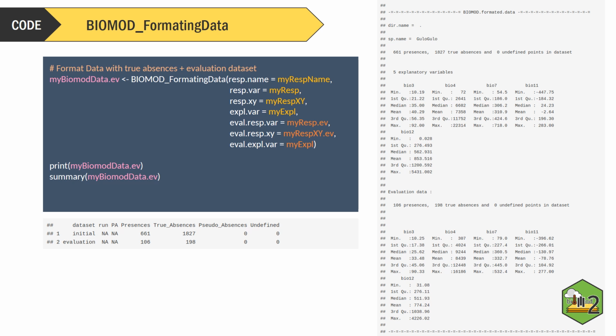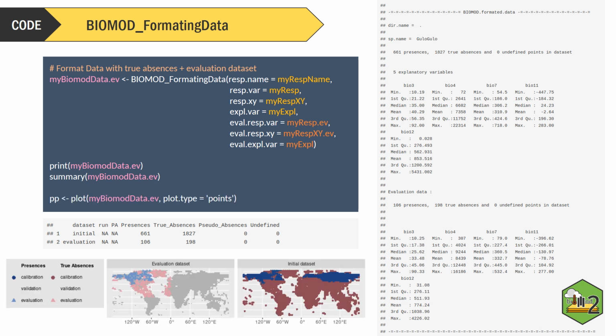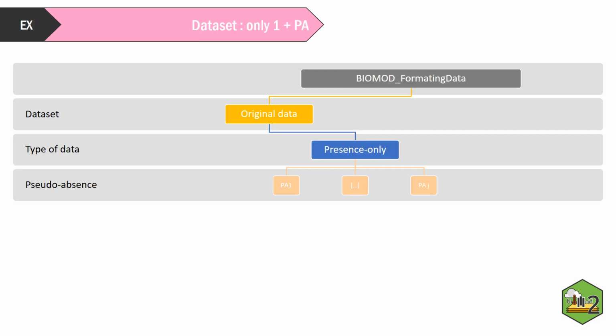On the top, the original one that will be used to build the models, and below, the evaluation one that will be kept to evaluate the computed models only. The plot will show you as well the two datasets. As you can see here, I just subsampled the original data to show you how to add evaluation data. From now on, we will not use anymore the evaluation dataset in the examples for clarity's sake.